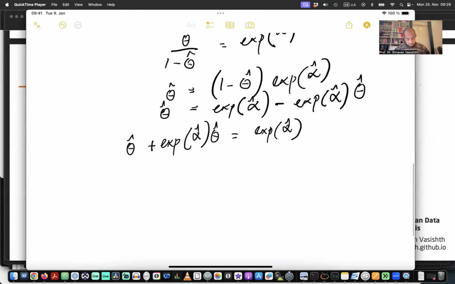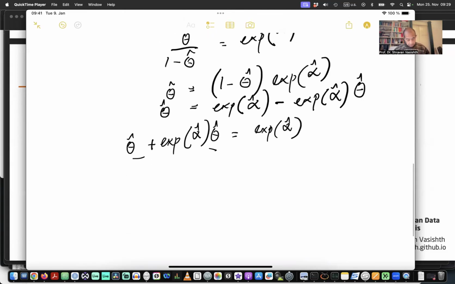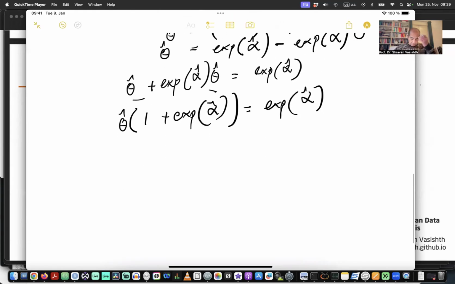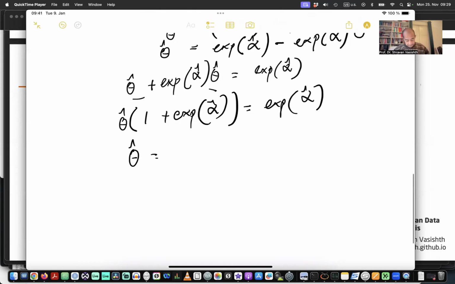Now theta hat is common to both these terms, so I take that out and I get theta hat times 1 plus exponent alpha hat is equal to exponent alpha hat. And that gives me a solution in terms of theta hat. So theta hat is equal to exponent alpha hat over 1 plus exponent alpha hat.